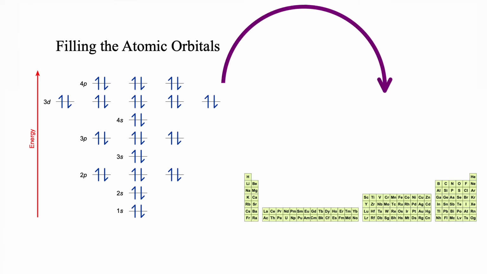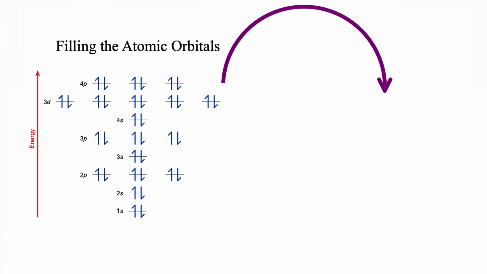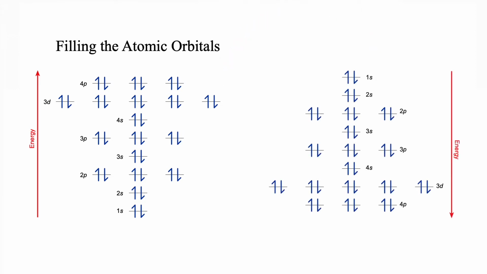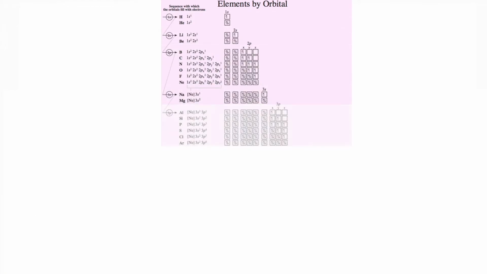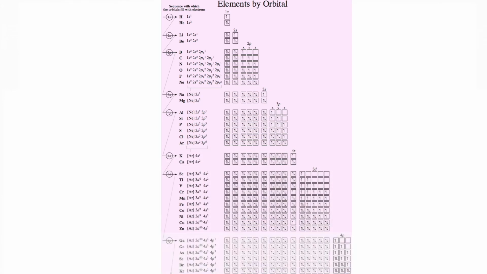Slightly confusingly, we need to turn this upside down to actually see how the orbitals are filled. So now we have a diagram of elements by orbital, and we can see how the electron shells, subshells and orbitals fill up.